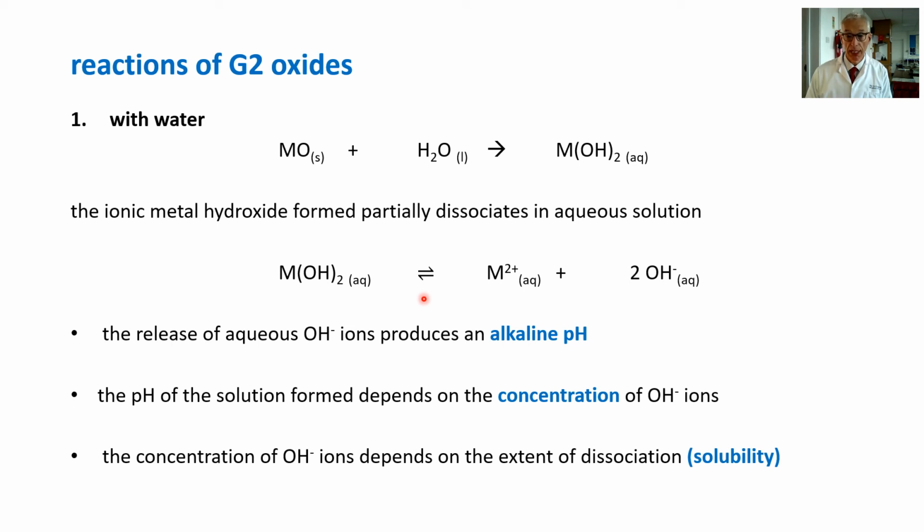The more complete the dissociation, the higher the concentration of hydroxide ions. The higher the concentration of hydroxide ions, the higher the pH. So we're going to use those logical steps to solve a problem on the solubility trend for the hydroxides of group 2 on the next slide.